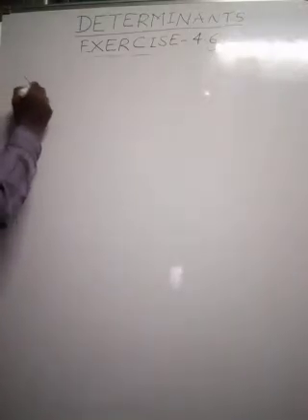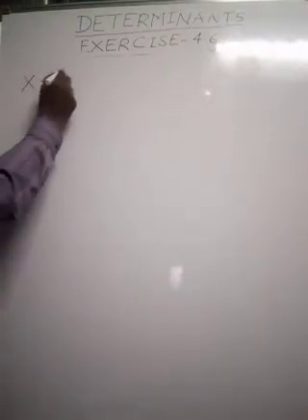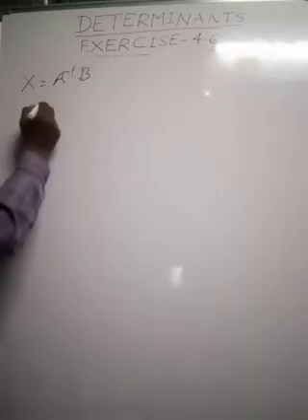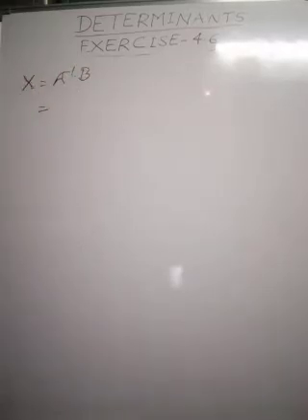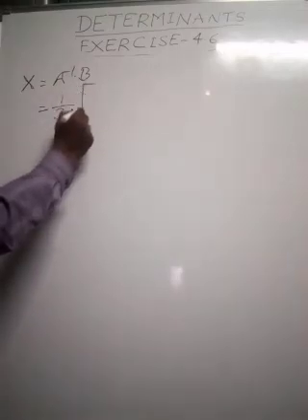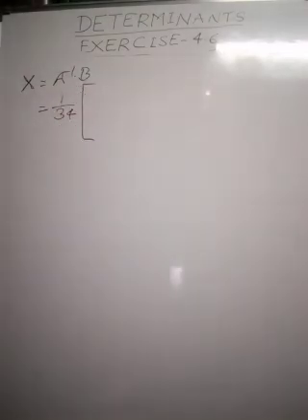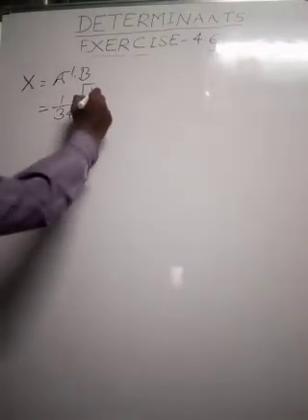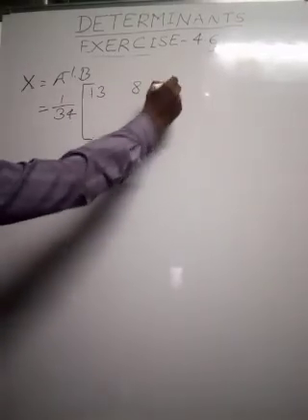Now we are going to find out X is equal to A inverse into B. Previously we wrote this step. So what is A inverse here? 1 by 34 into 13, 8, 1.